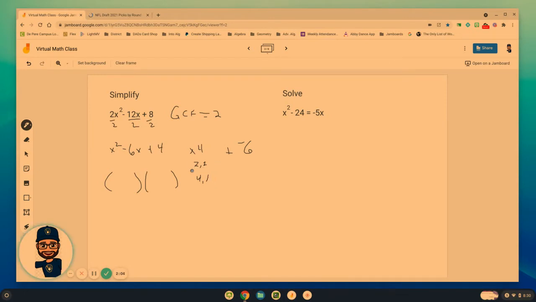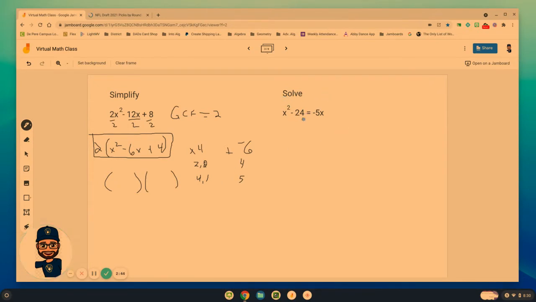This one is not factorable anymore. 2 times 2 is 4, but if I add them, I would get 4. If I had negative 2 and negative 2, that would be negative 4. 4 times 1 is 4, but if I add them, I would get 5 or negative 5. So we could stop there. If we found the discriminant, it would not be factorable. So the only thing we could take out was the 2, and we would put it out in front.